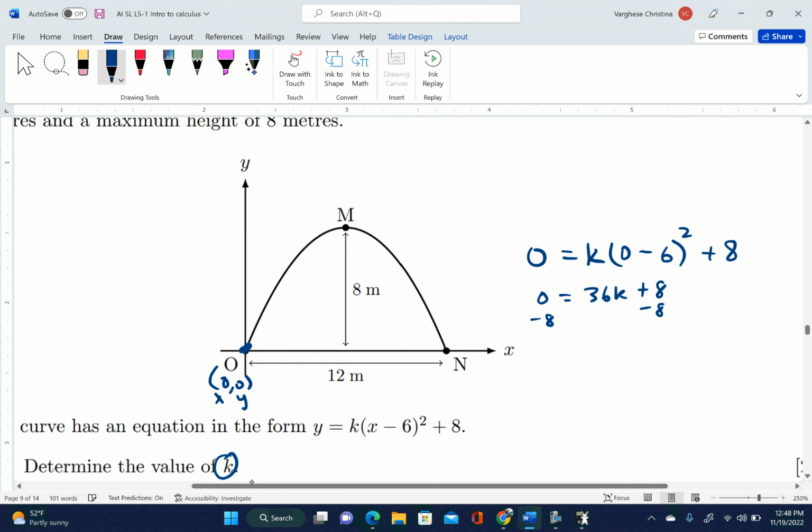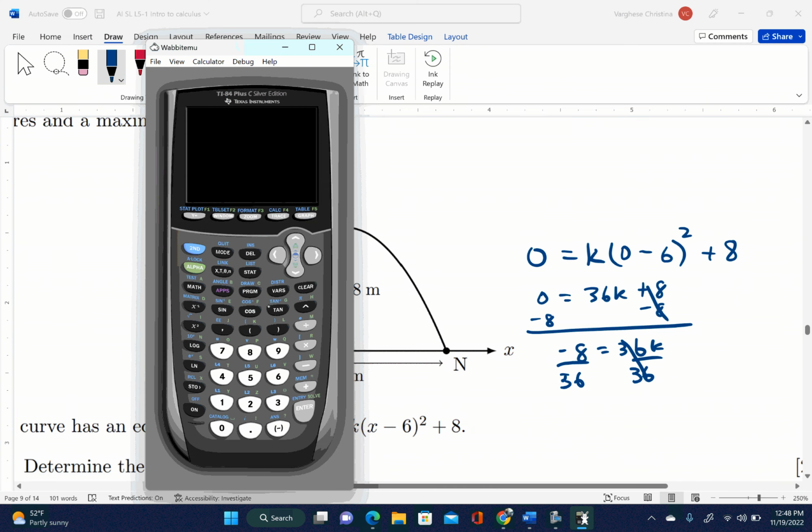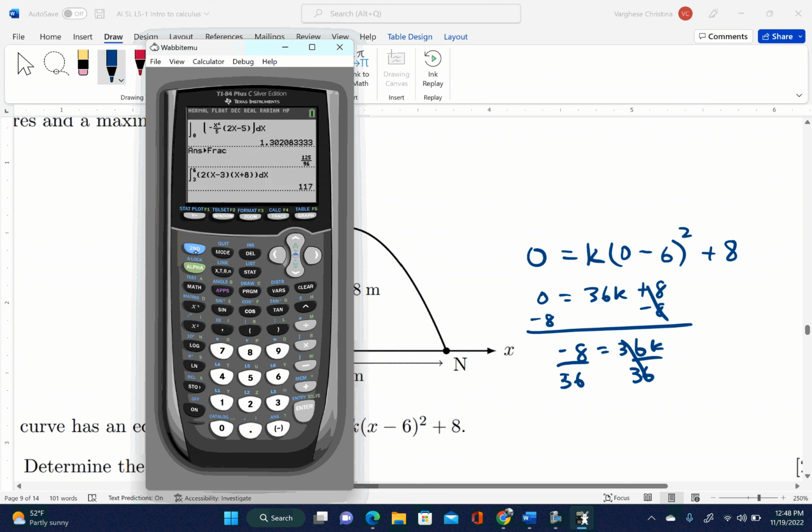I can do minus 8 from both sides. Cancels out, so I have negative 8 equals 36k. Divide both sides by 36. This cancels out, and I'm left with something I can plug straight into my calculator whenever my calculator feels like working. Work, please. Thank you.